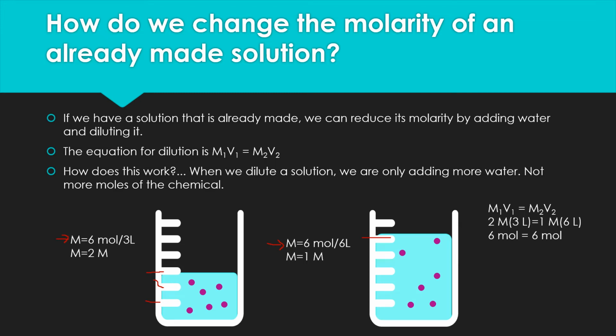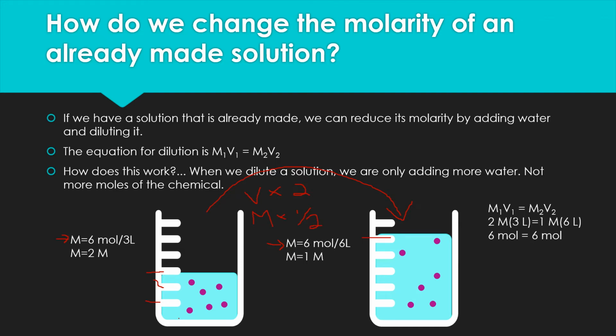So I've doubled my volume, so it cut my concentration in half. Okay, so going from here to here, my volume goes up by 2. My volume is times 2, but my molarity is half. Or it's times 1/2.